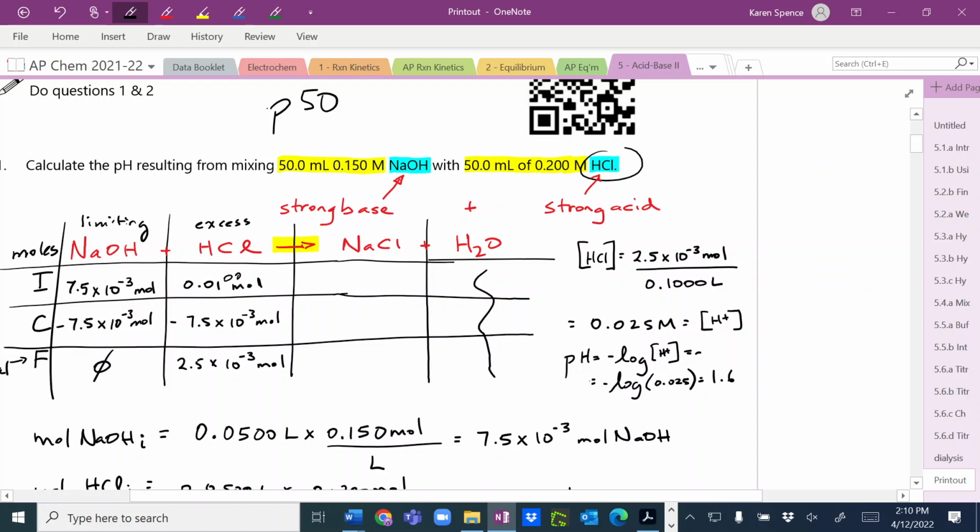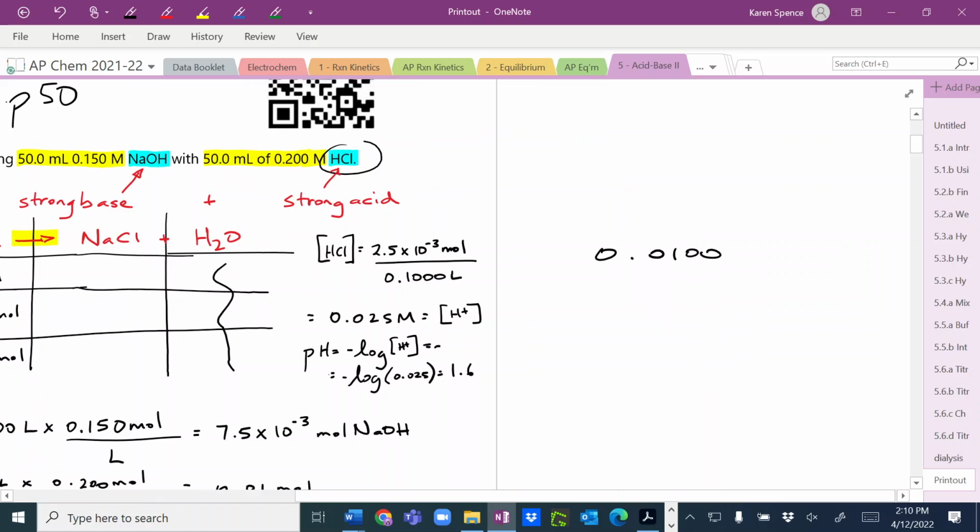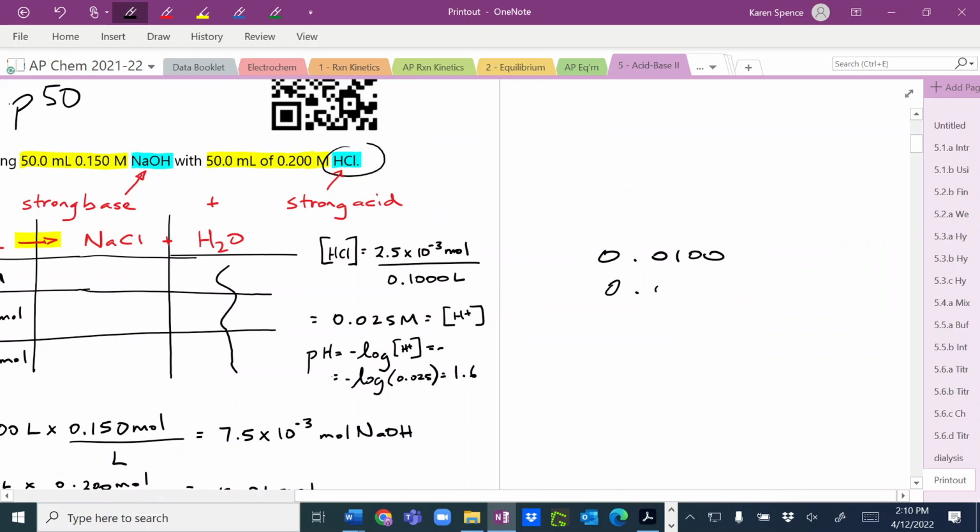Okay, so that was times 10 to the negative 3, so that's 0.0100, and then I've got 7.5 times 10 to the negative 3, which is 0.0750.